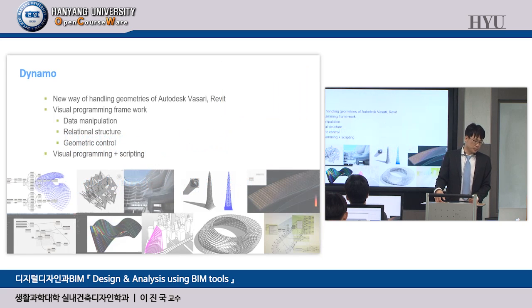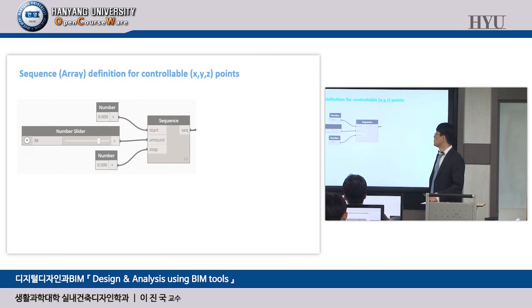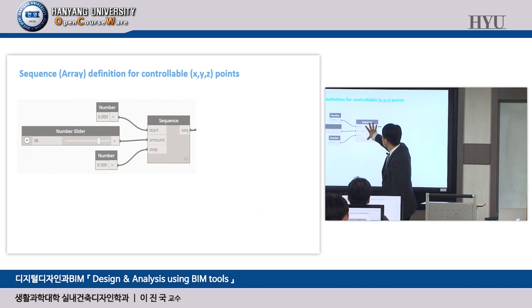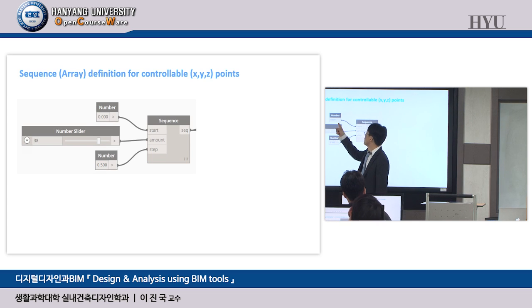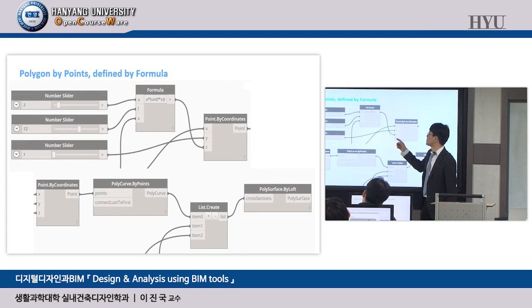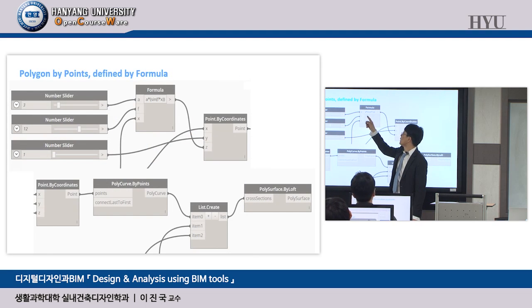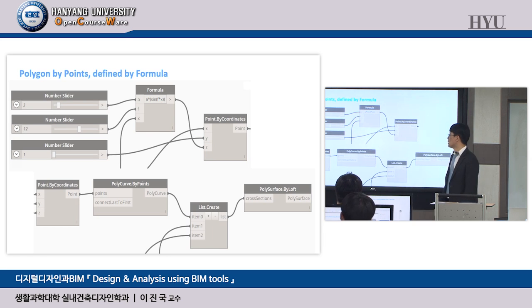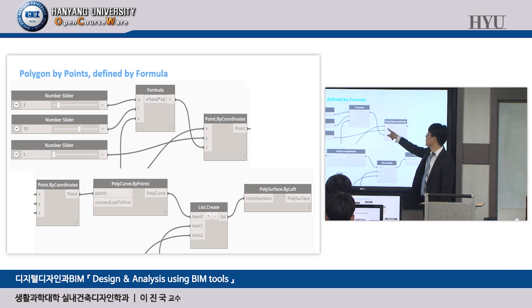So in Dynamo, the same as Grasshopper, the node can be controlled by those additional user interface kind of nodes, okay? Numbers or number sliders or some functions such as a sine formula can be used for your equation to control the XYZ coordinate system.